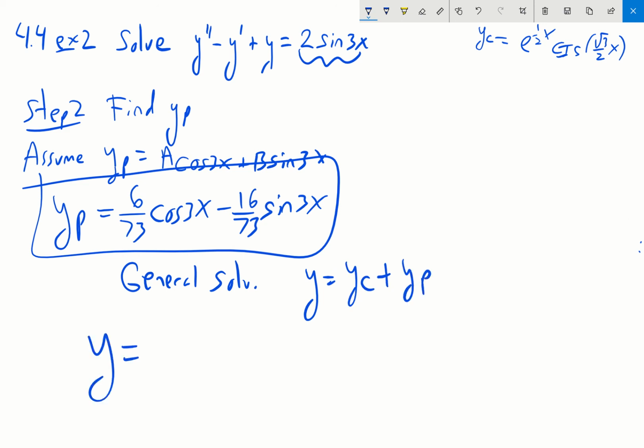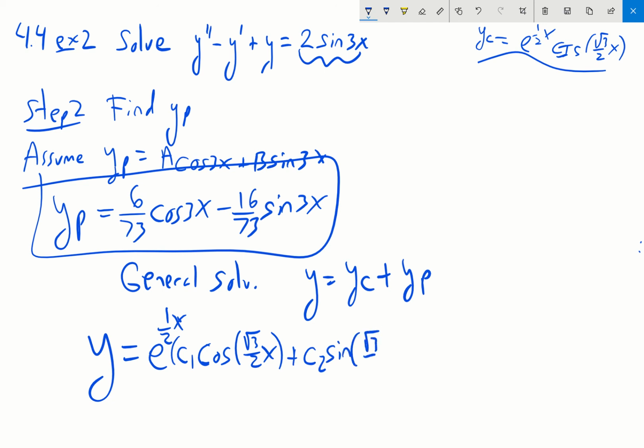So y equals, we wrote that down earlier, e to the 1/2 x times, and I'm forgetting a c1 here, let me squeeze that in, c1 cosine of radical 3 over 2 x plus c2 sine of the square root of 3 over 2 x.